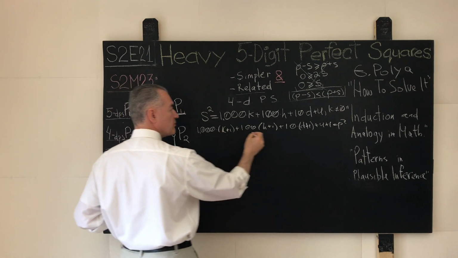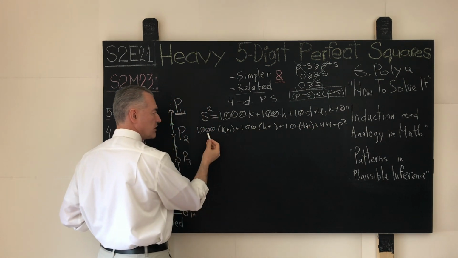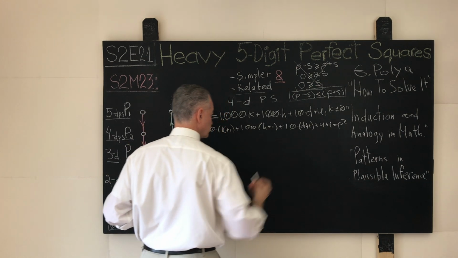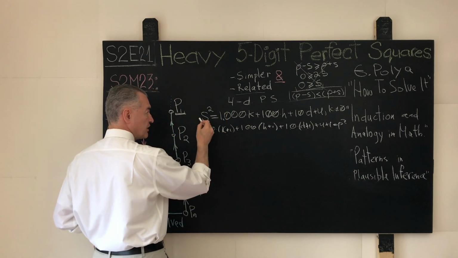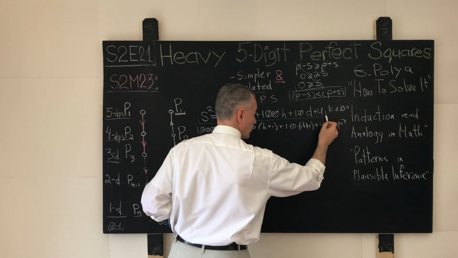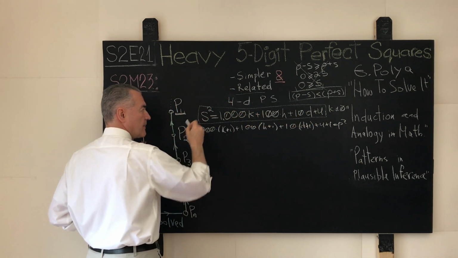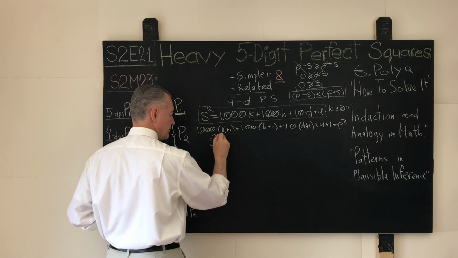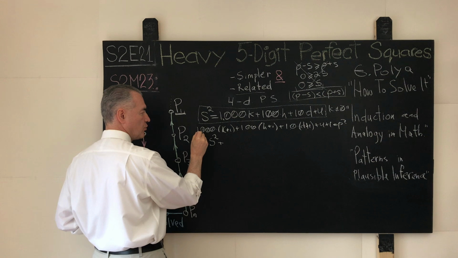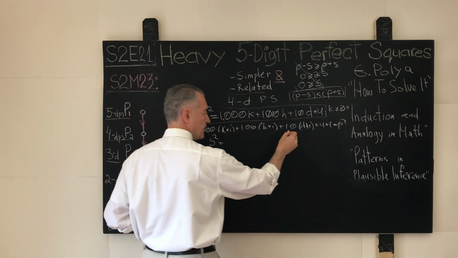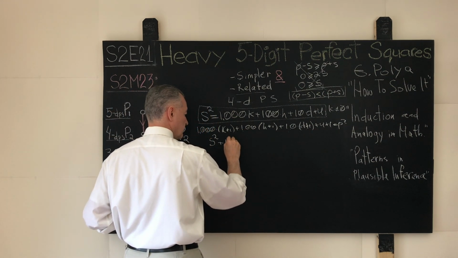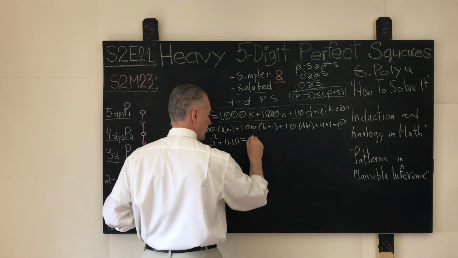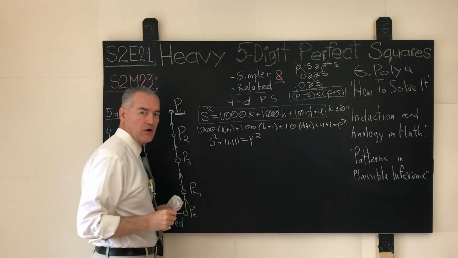Once we open up the parentheses and multiply 1000 by 1, 100 by 1, 10 by 1, and 1 by itself, we also recognize the portrait of the square, this usual suspect in here, and we will have what? s squared plus, let's count carefully, 1000, 100, 10, and 1. So it will be 1111, which is p squared by our demand.